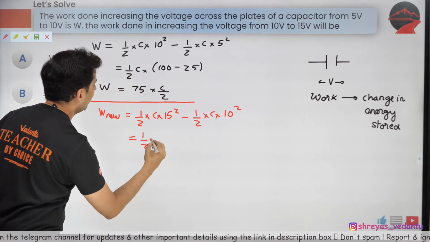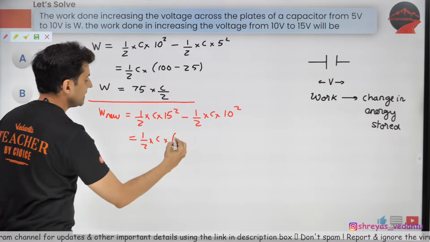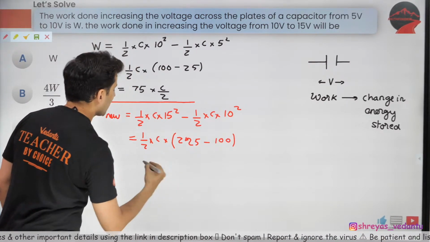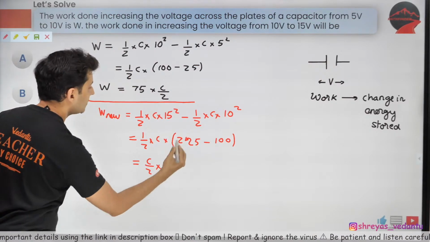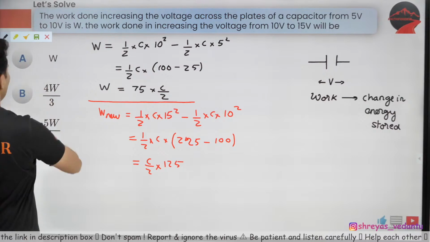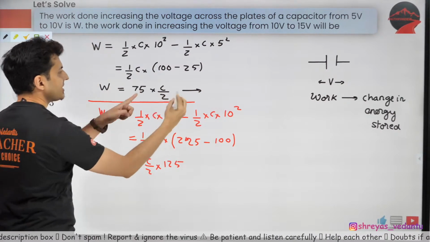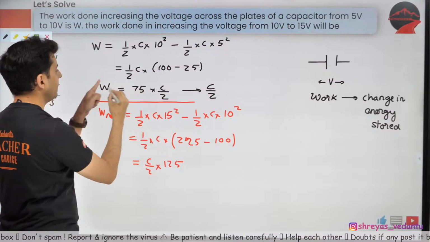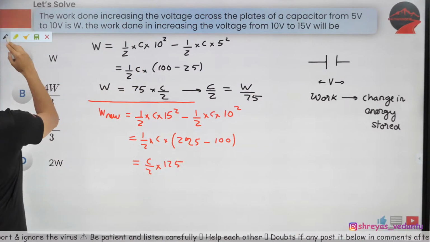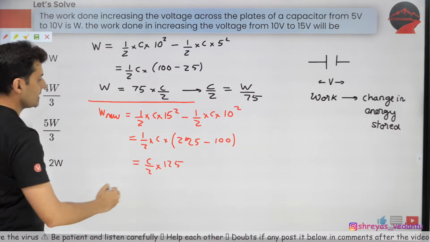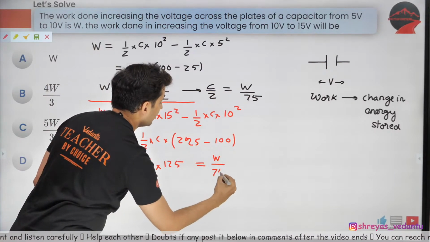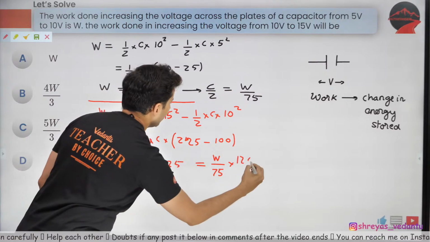So this will become half into C into 225 minus 100. This will be C by 2 into 125. Now I think I can find out the value of C by 2 from here. So C by 2 is nothing but W by 75. So how about substituting that over here, and let's see what we get. C by 2 is nothing but W by 75 into 125.